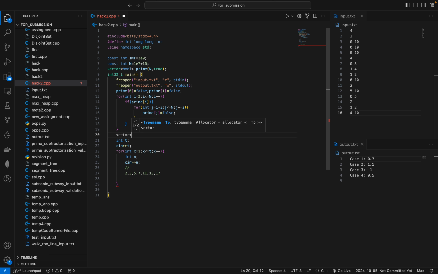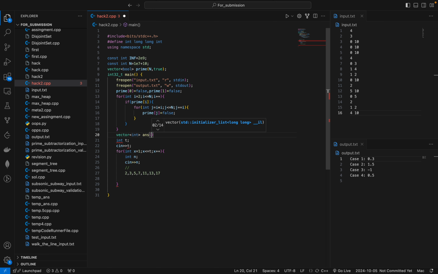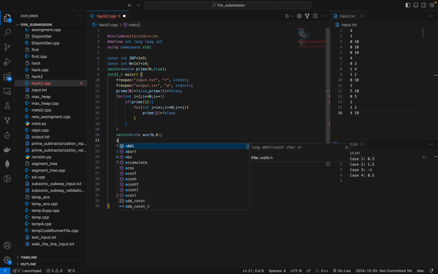Now we will pre-compute the answer array for all n. Initially initialize all to 0. Up to 4 it will be 0 only. From 5 we will start. The answer of 5 will be 2. So from 6 we will start.